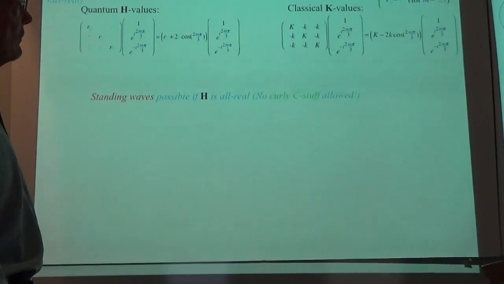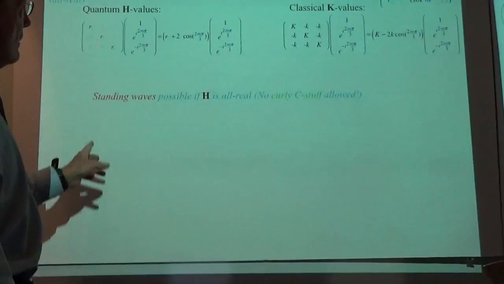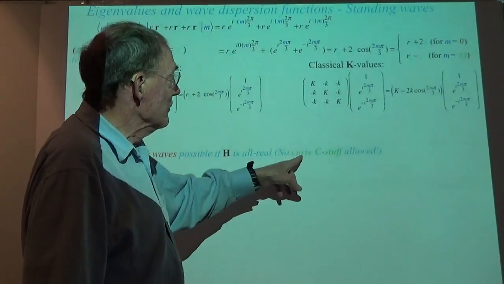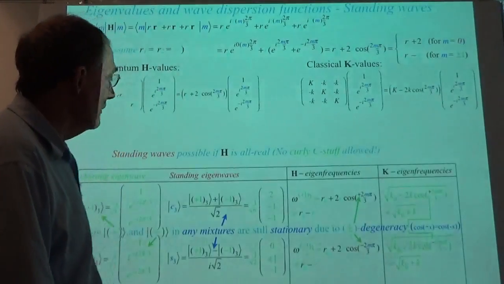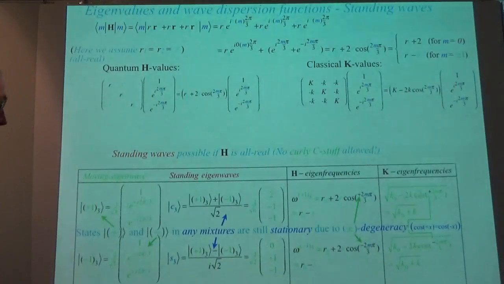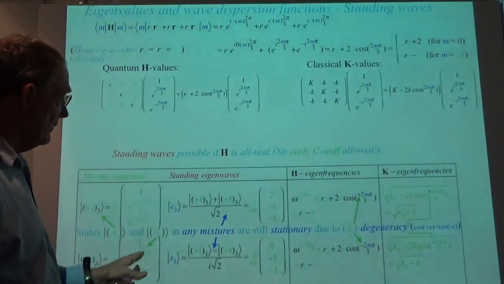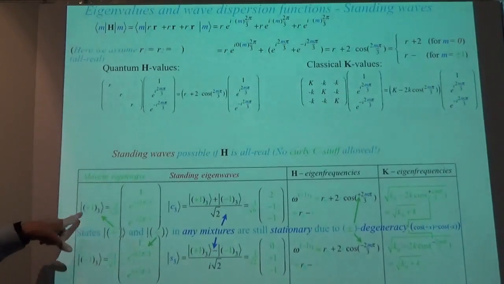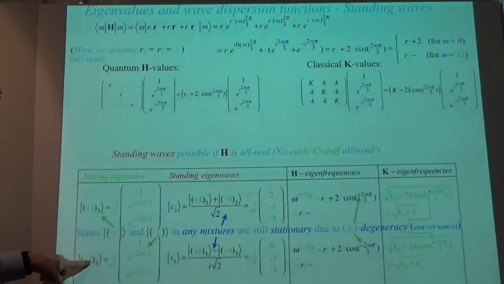And standing versus moving waves. Standing waves are possible if H is all real, no curly stuff allowed, okay? So I'm making the thing so that all of the eigenstates are real. That's easy to do, because one of them is a conjugate of the other.